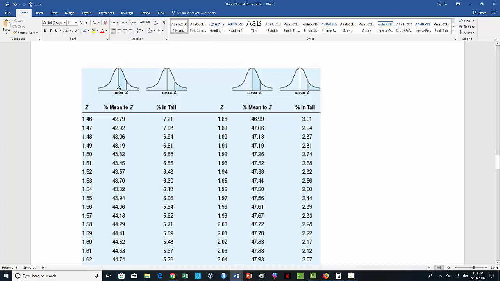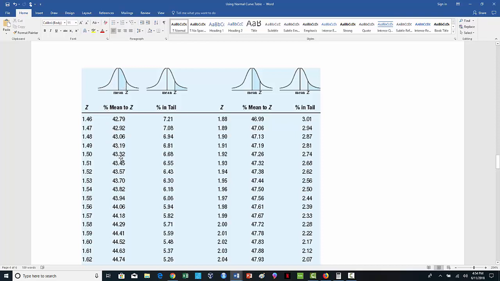This is the area percent mean to z. So it's asking what percentage are below that number. Well, you know that 50% over here is below the mean. So what it's really asking is, what is that 50% plus this portion that is the percent mean to z?